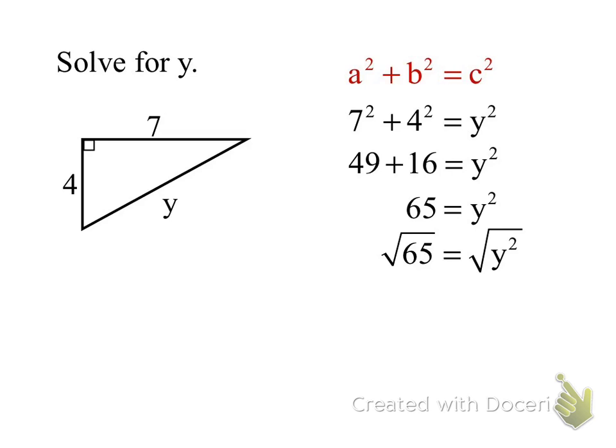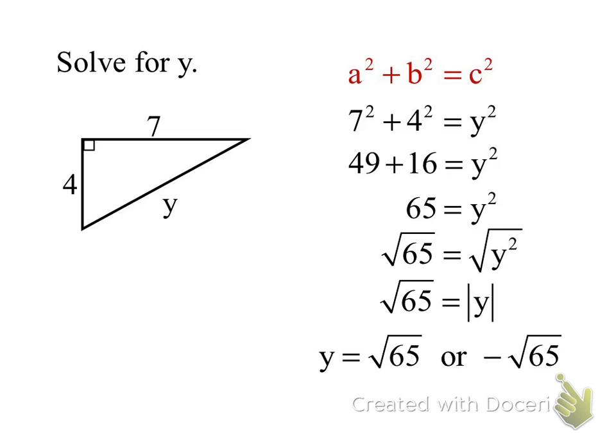As a reduced radical, we're done, right? But if I estimate, what is it equal to? What's the square root of 65? It was a test question. About 8.1, yes. So both answers are good answers.